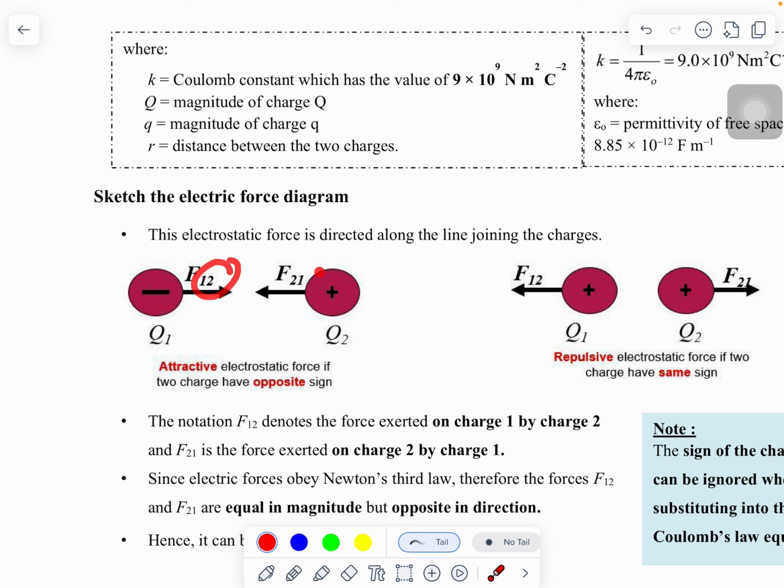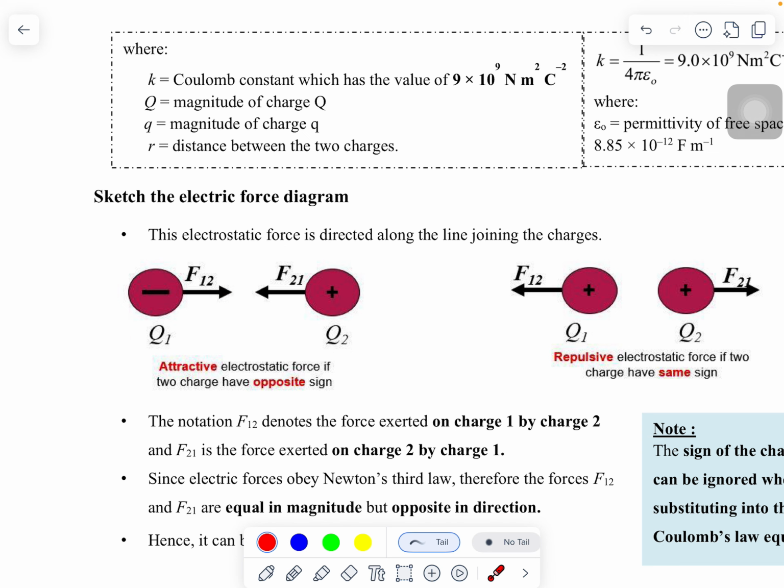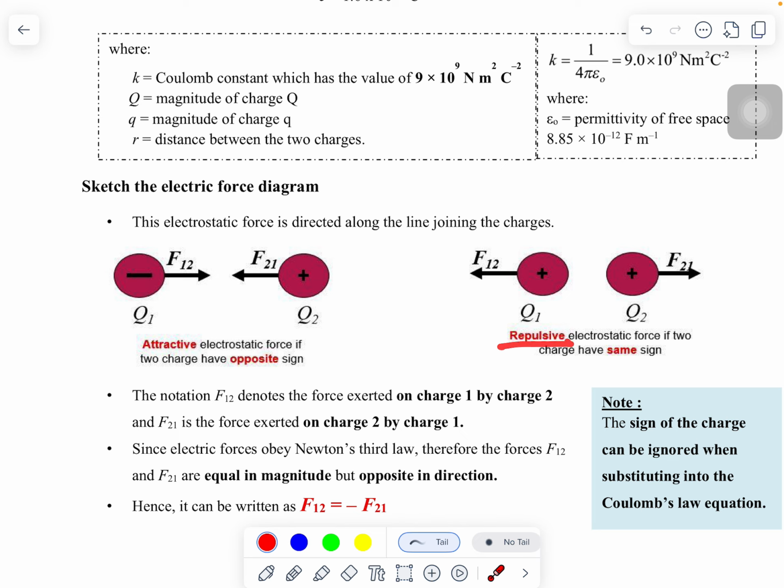Okay, so F12, F21, they have the same magnitude. Daya yang terhasil antara dua ni sebenarnya sama saja. Q1 dia tarik Q2 dengan 10 Newton, dalam masa yang sama Q2 juga akan tarik Q1 10 Newton. Tetapi yang membezakan adalah direction. Satu pergi kanan, satu pergi kiri. Okay, so kalau kita ada repulsive charge, positif, they repel each other.